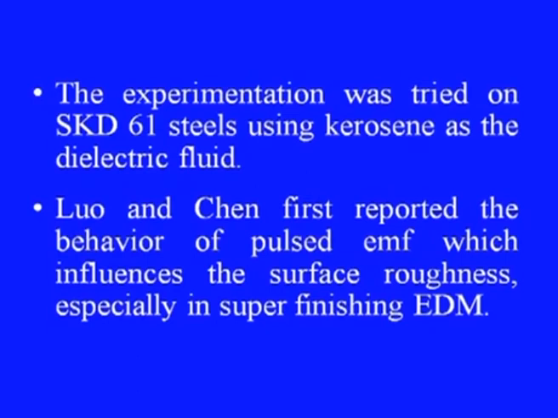Low and Chen first reported the behavior of pulsed EMF, which influences the surface roughness, especially in superfinishing EDM. The use of magnetic force in EDM is primarily to remove the debris from the discharge zone. By applying short discharge pulses, very smooth surfaces up to 0.04 micrometer of average roughness could be achieved.